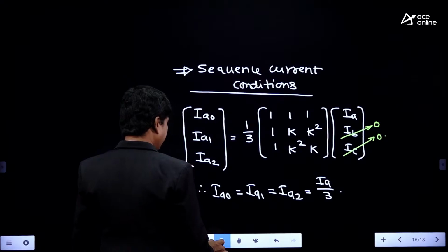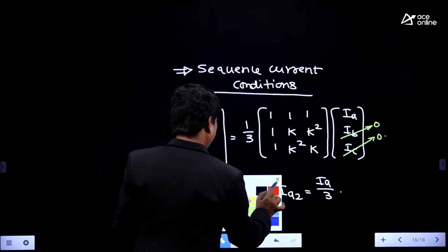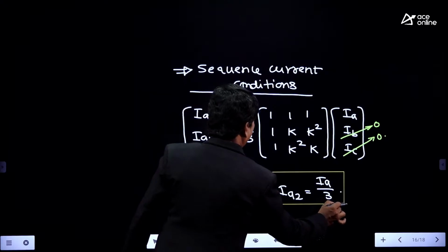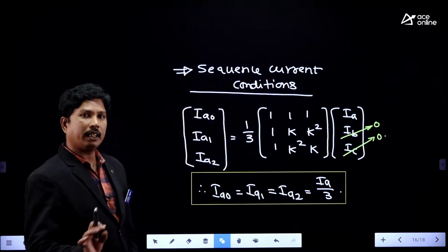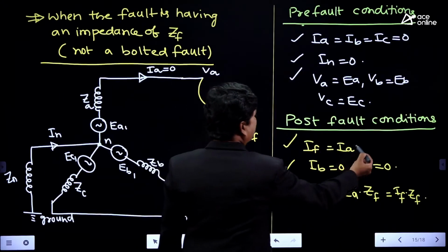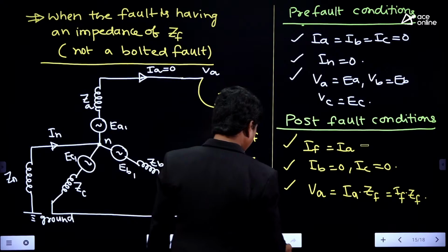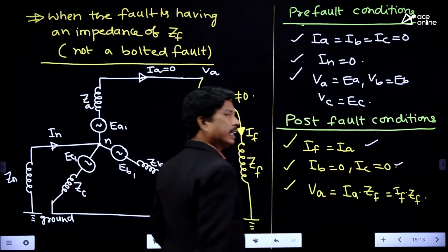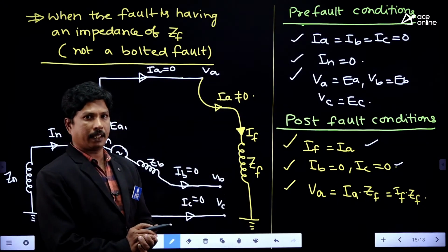So, you cannot get any change here compared to the bolted fault condition. As we do not have any changes in these two conditions, we cannot find any changes in the sequence current conditions also.